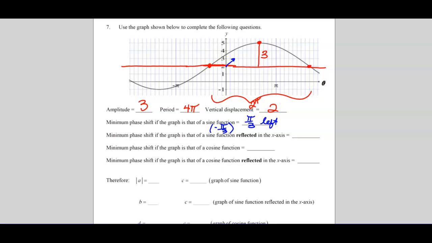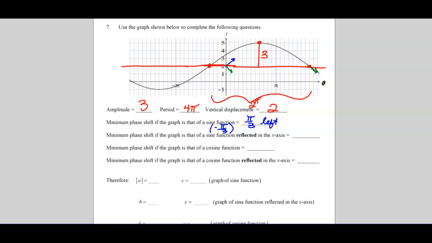For sine reflected from the midline and the y-axis, it would be going down and to the right. Where is it closest to going down and to the right? Well, I can't even see over this way, and these are basically the same amount on each side. So this one is actually closer.